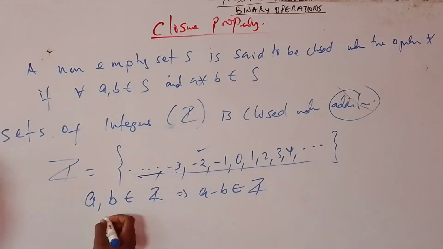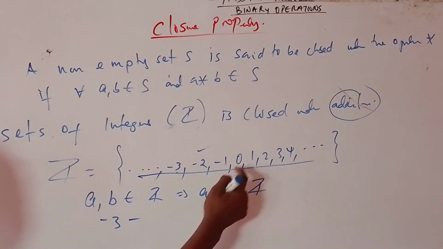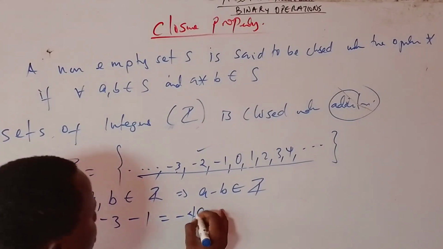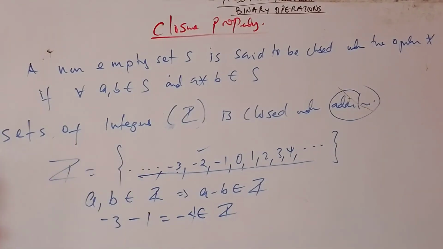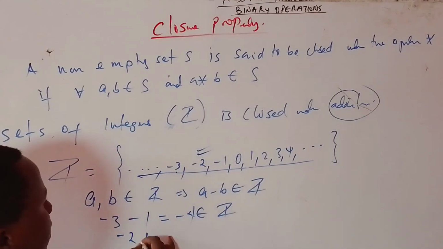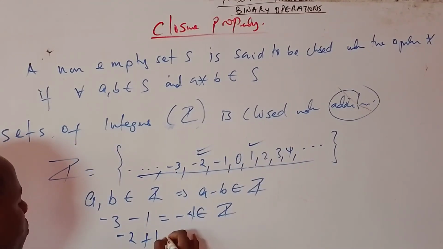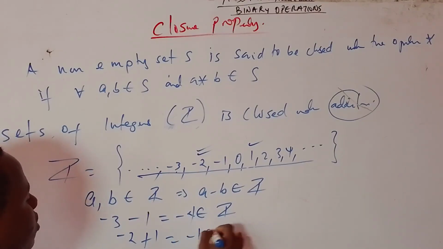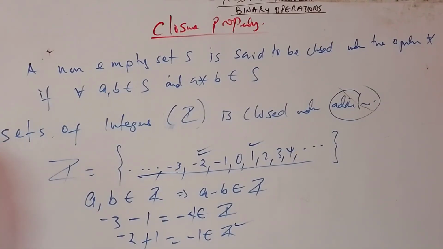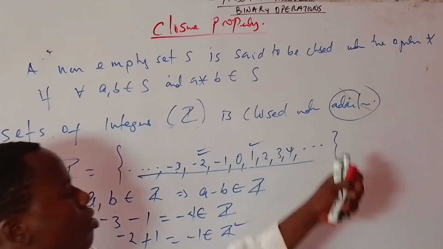For instance, negative 3 minus 1 is going to give us negative 4. So negative 4 is in the set of integers. Are you following me? Then if you take another example, negative 2 minus negative 1, this is going to give us negative 1, and negative 1 is also in the set of integers.